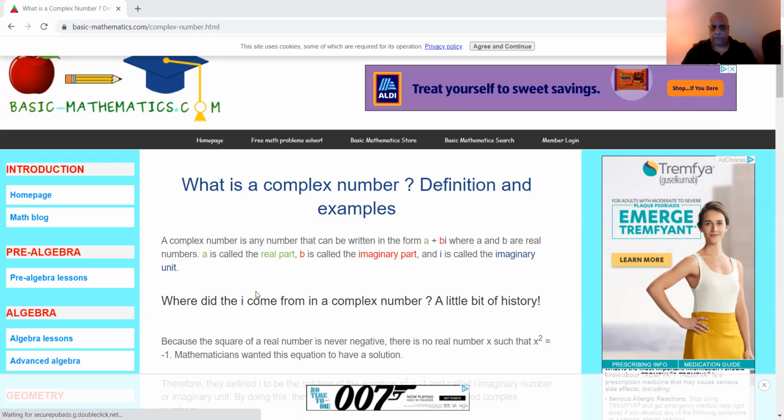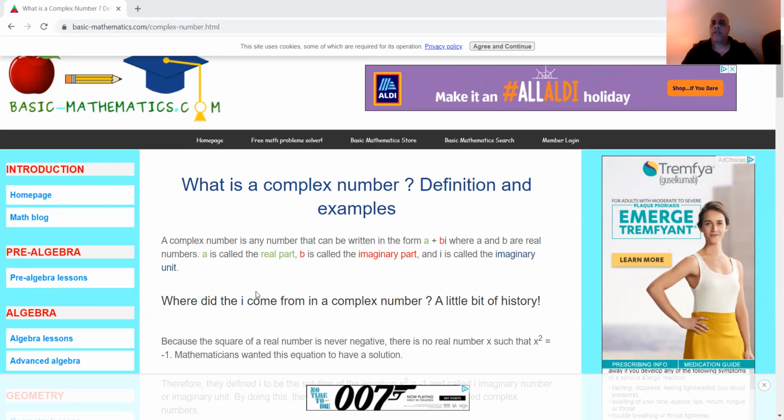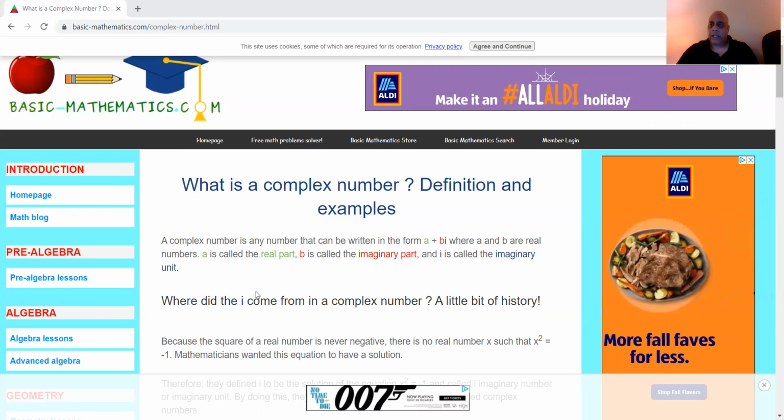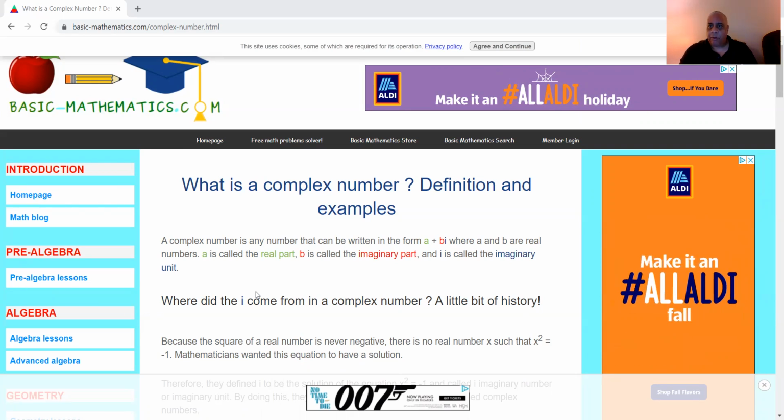Because when we're dealing with circuits, electromagnetism, some areas of physics, and even algebra, complex numbers are a good system to help you, because complex numbers basically create a number that does not appear as a real number.